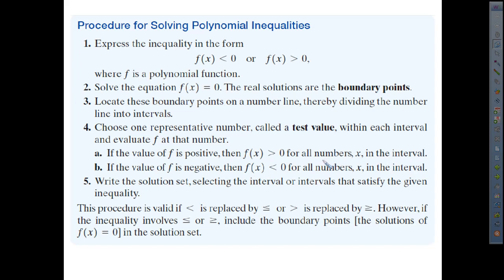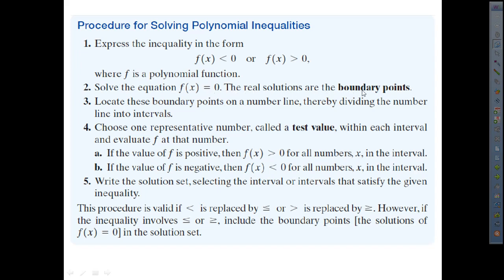All right, so the procedure for solving polynomial inequalities is to express the inequality in the form f of x is less than 0, or f of x is greater than 0, where f is a polynomial function. Then you're going to think of that as f of x equals 0, and you're going to solve it.